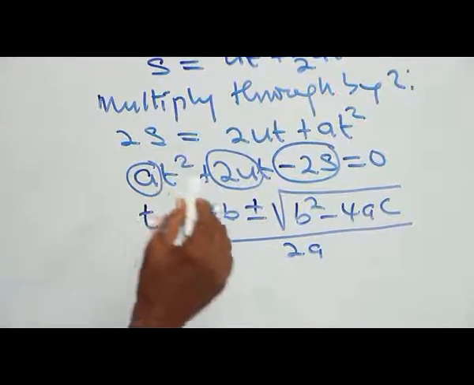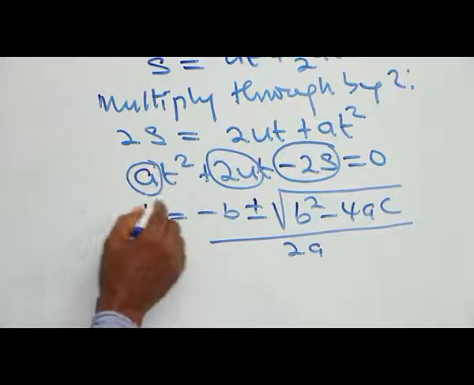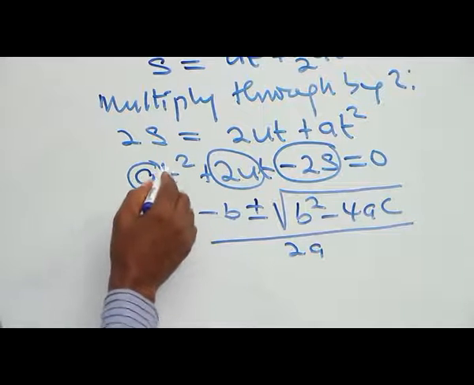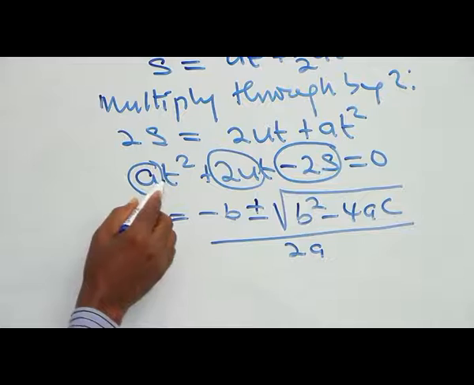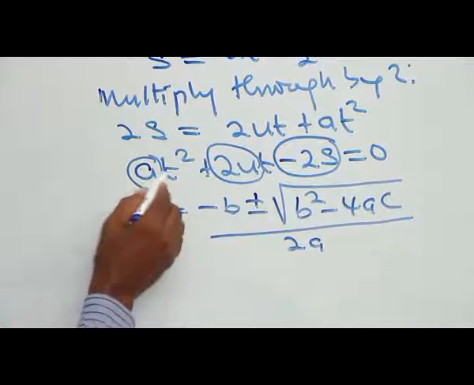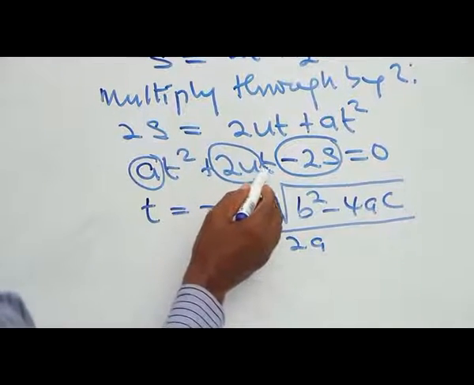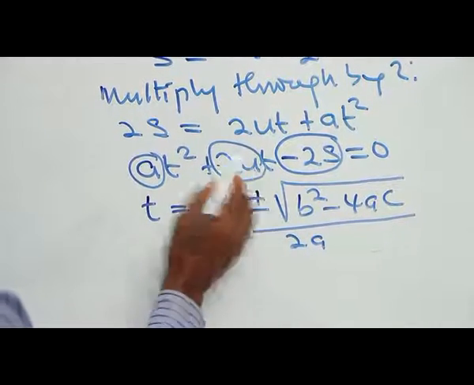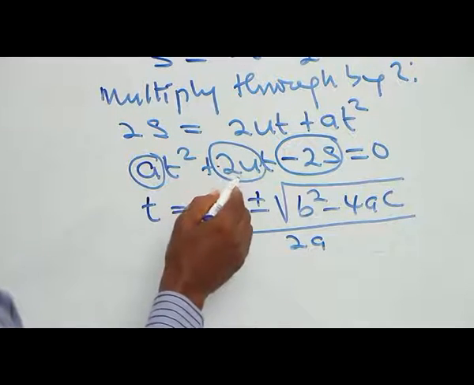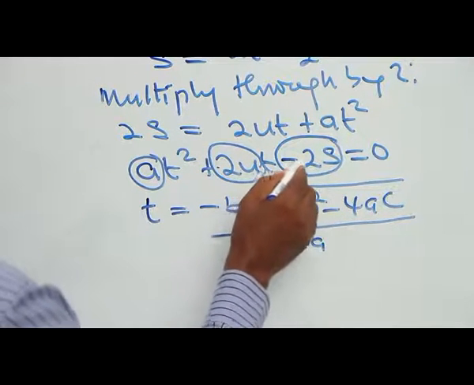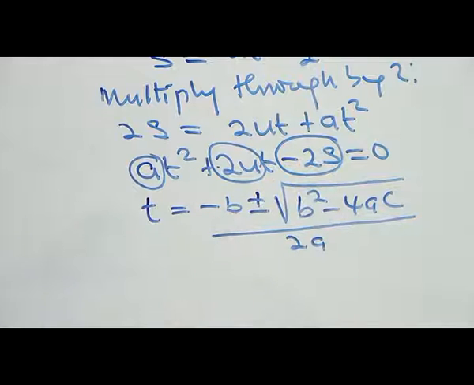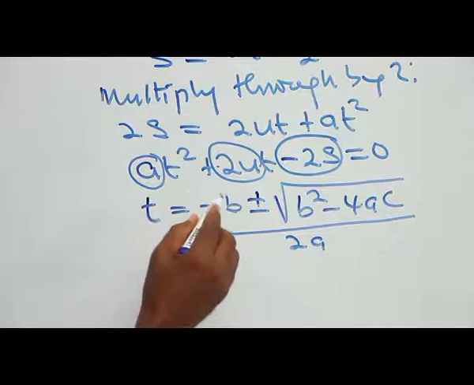In a quadratic equation, a is the coefficient of the variable that is used. In this case, the variable used is t. So the coefficient of t squared is a, the coefficient of t is 2u, and this becomes your b, and then the constant term, which is usually c, is your minus 2s equal to 0. I hope you are able to record that.